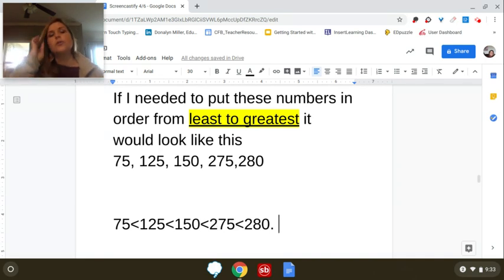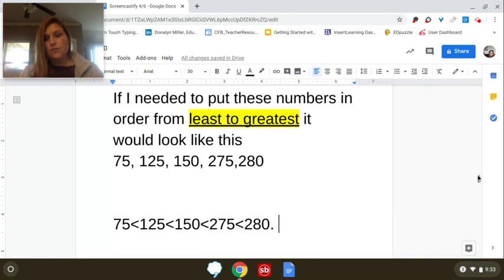And then I'm going to read this sentence for you. Since I did least to greatest, I used the less than sign. So 75 is less than 125, which is less than 150, less than 275, less than 280.